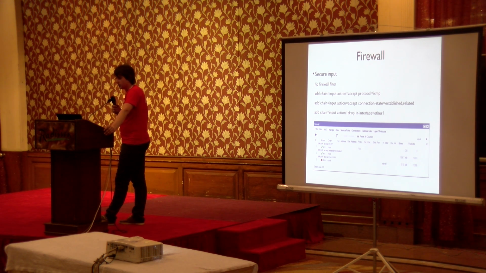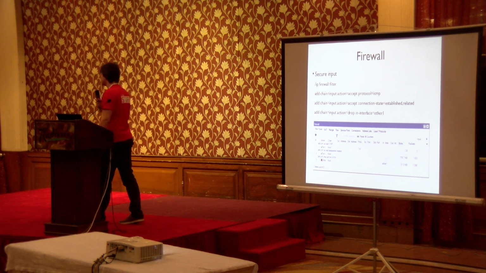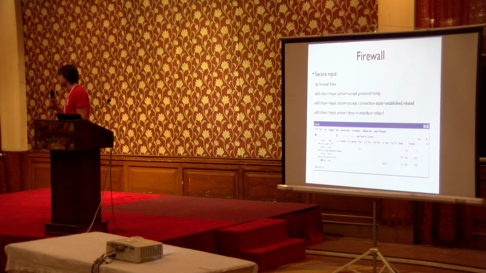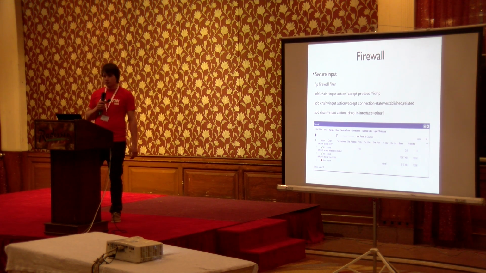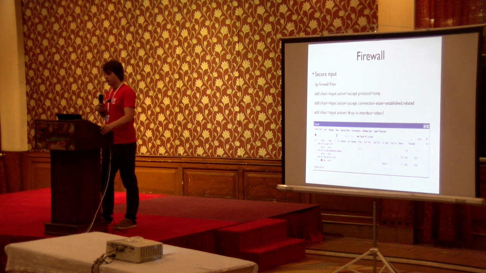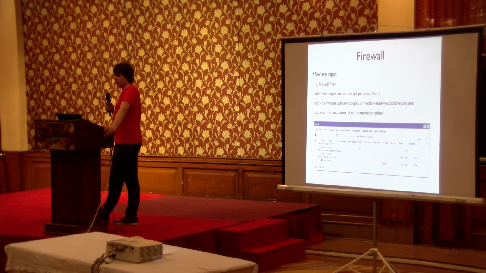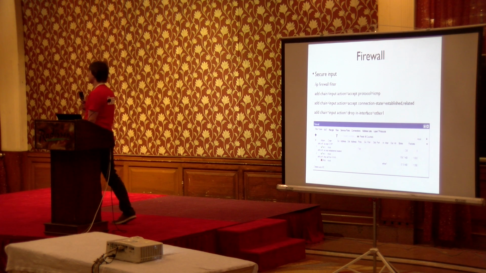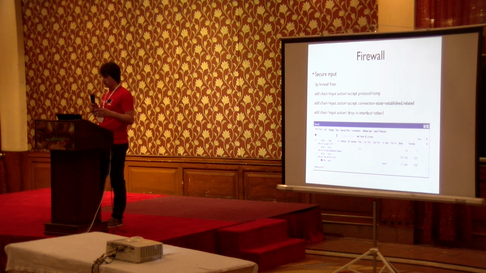One would be that drops all the traffic from public interface. In this example, it's ether 1. And the second rule would be firewall rule that accepts all packets from connection state established and related.